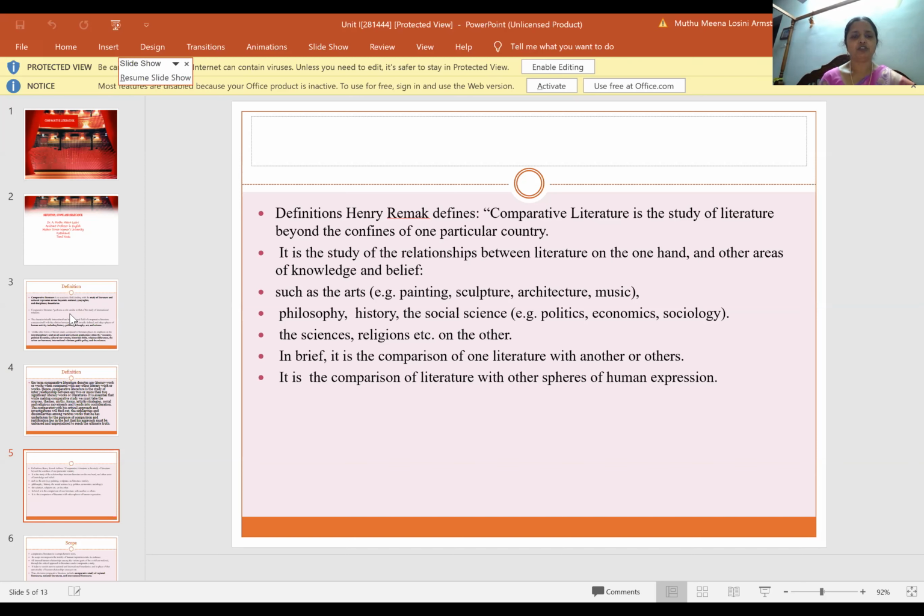It is the comparison of literature with other spheres of human expression.